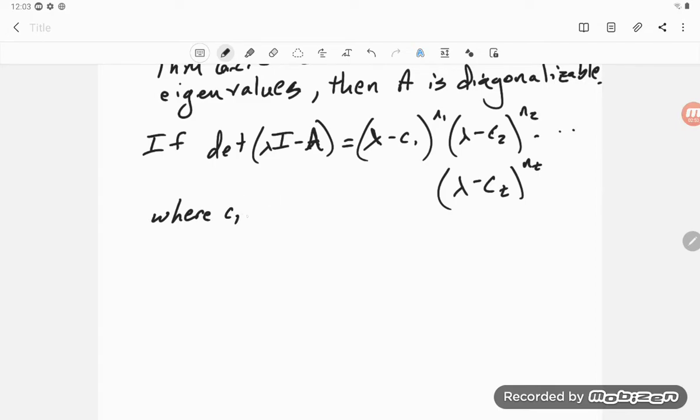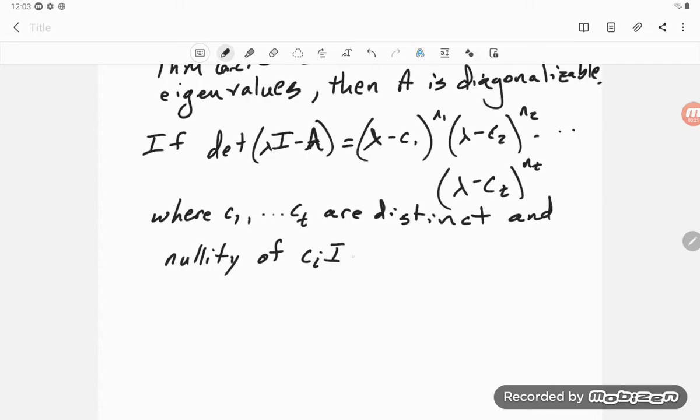So where C1 to CT are distinct, okay, and then the nullity of (CiI minus A), well, actually, let me put that in parentheses.